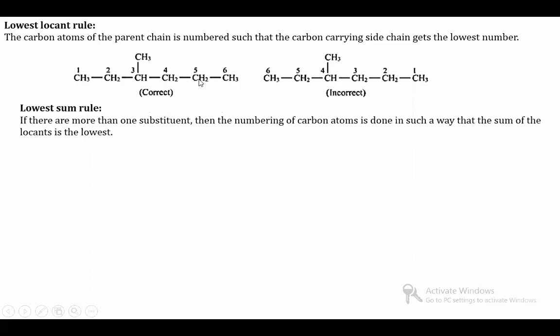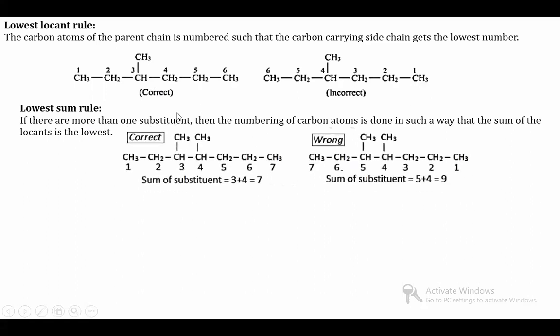The next is the lowest sum rule. The lowest locant means the substituent group should have the lowest number. In the lowest sum rule, there is more than one substituent group, and the sum of the carbon numbers should be the lowest. Take these two, the first one and the second one.